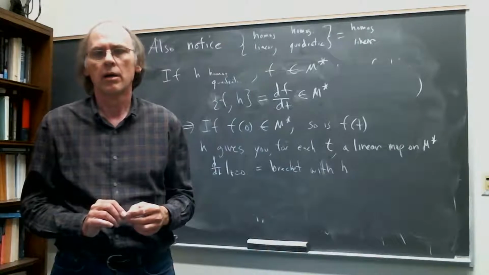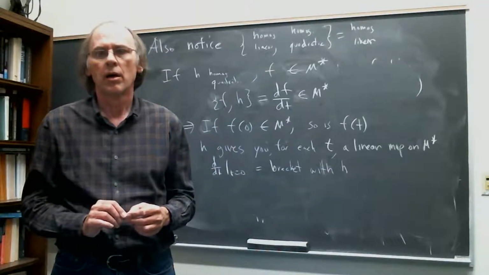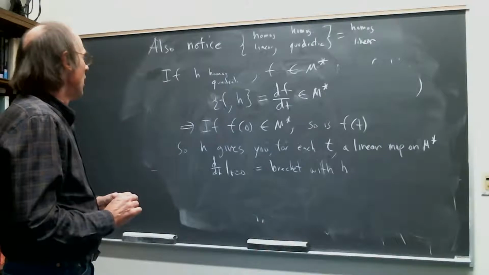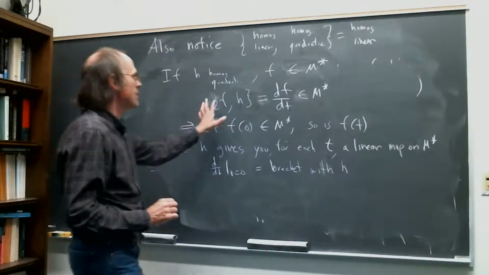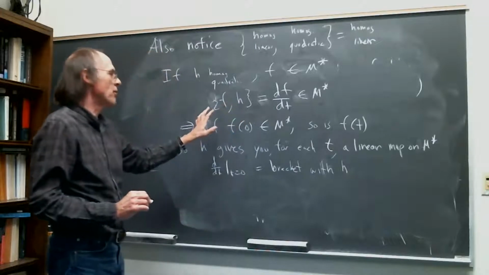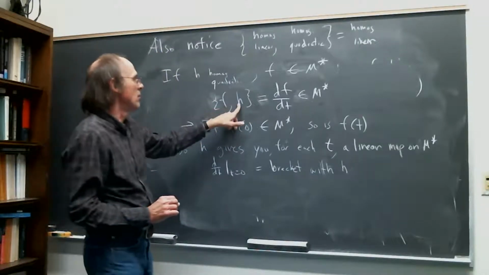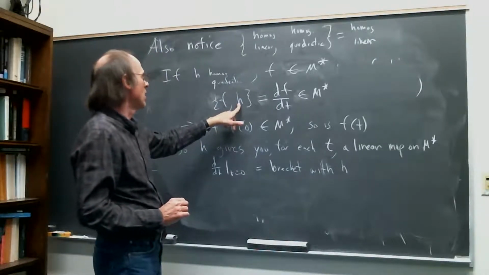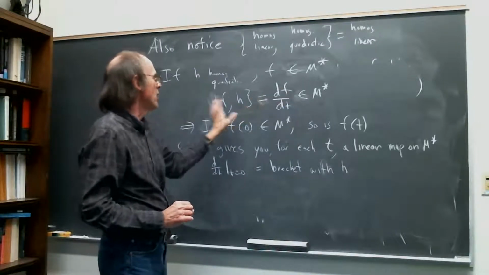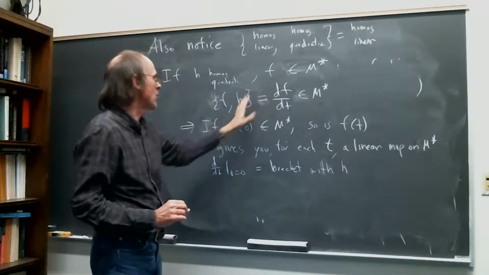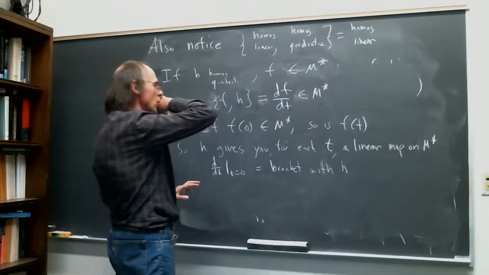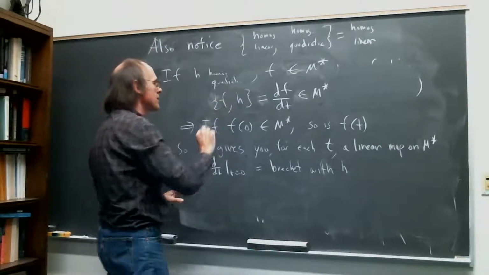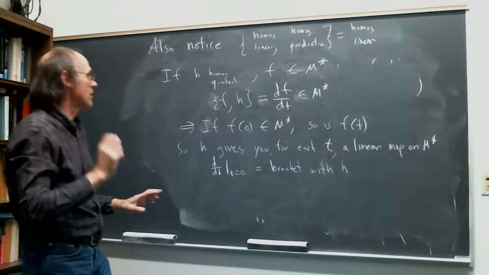Is the Poisson bracket with the Hamiltonian also evaluated at t equals 0 then? So this is true. Actually, it's a little bit confusing. When I write down this equation, I guess this is where I get into the confusing aspect of the geometry.